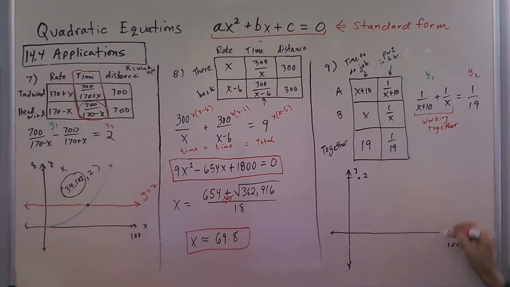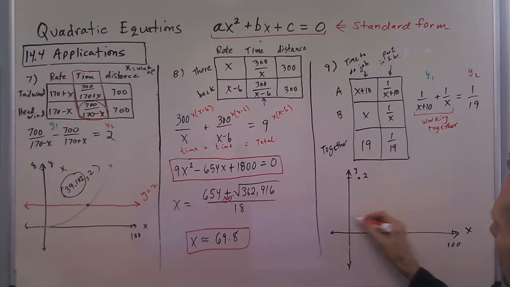I'm going to have to mess around with my window again, but what's going to happen is I'm going to get a line coming across here that signifies the y equals 1/19th line.